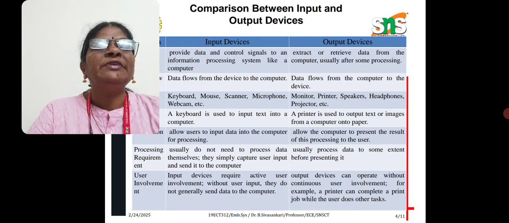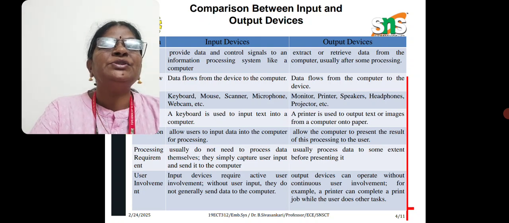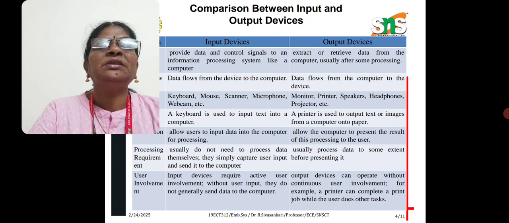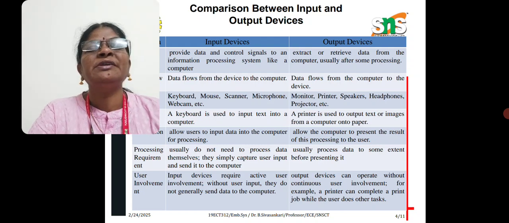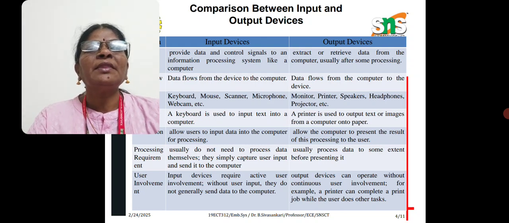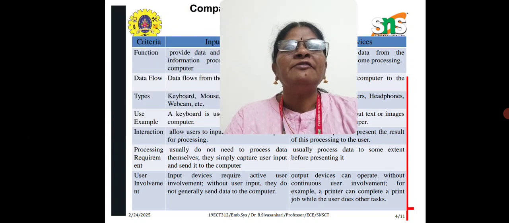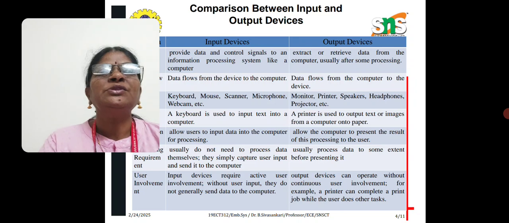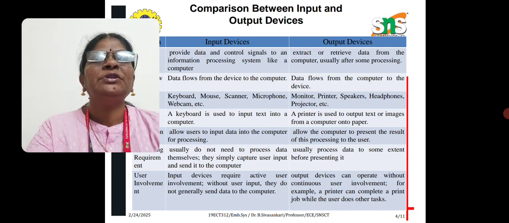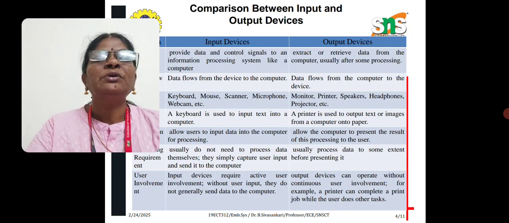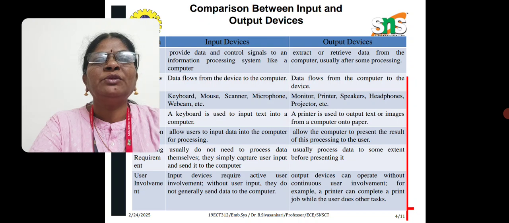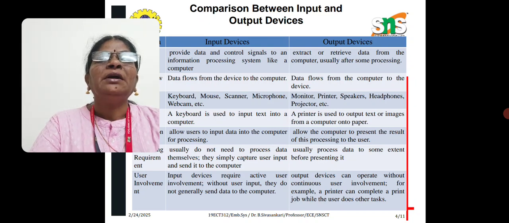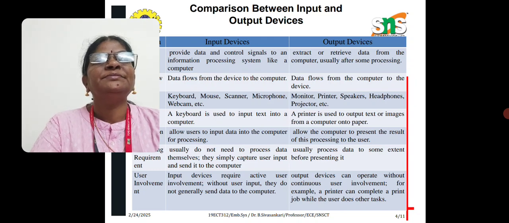Now we can look into the comparison between these input and output devices with their parameters, right? First one is function. The function of an input device is to provide data and control signals to an information processing system like a computer.